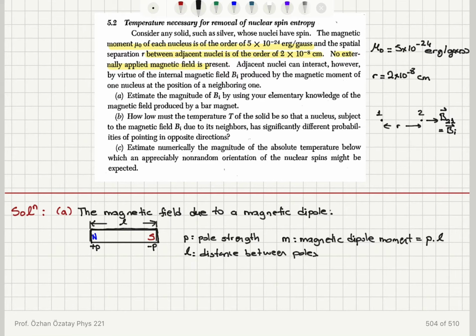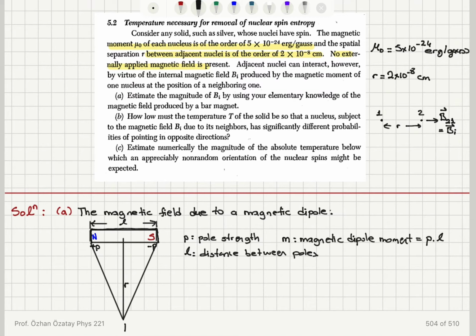Okay, so now I want to find the magnetic field at a distance r from the center of this magnetic dipole. So what I need to do is to look at the components of the magnetic field due to the South Pole and due to the North Pole that will be created at this point of interest.